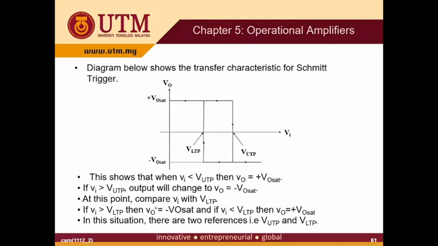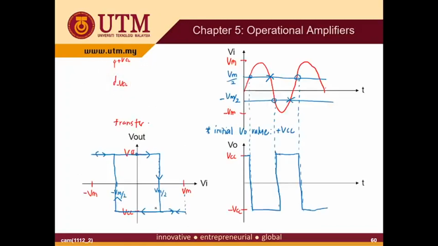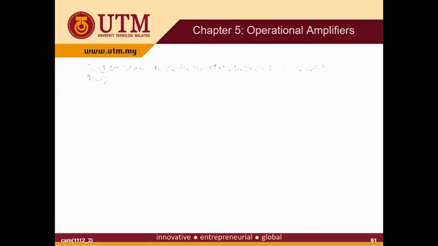Okay, this slide summarizes the transfer characteristic of the Schmitt trigger. So this is Vout, and this is Vin. In this case, your VLTP and VUTP are positive values. This is also possible, by changing the DC supply at this Vreference value.